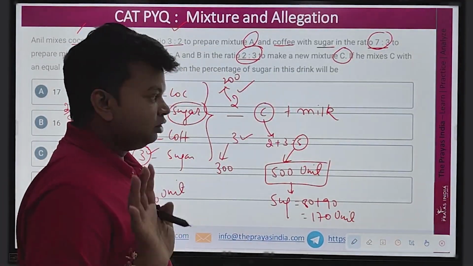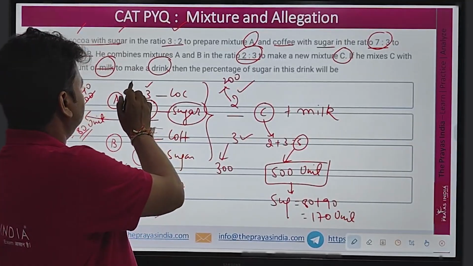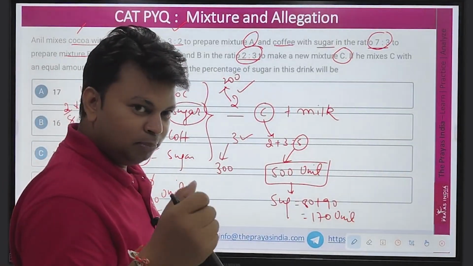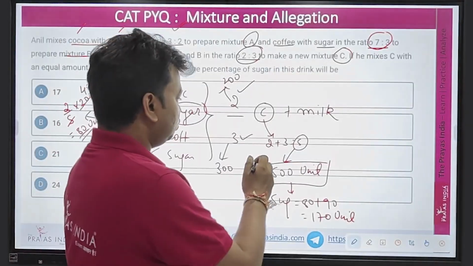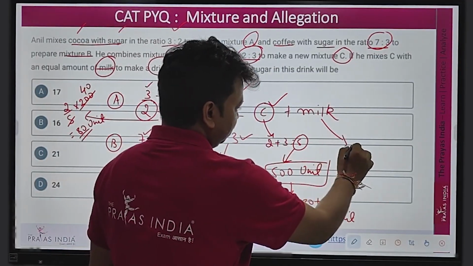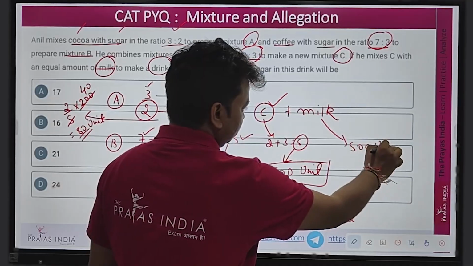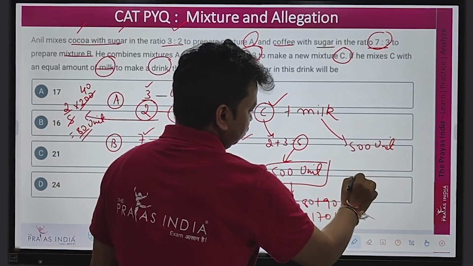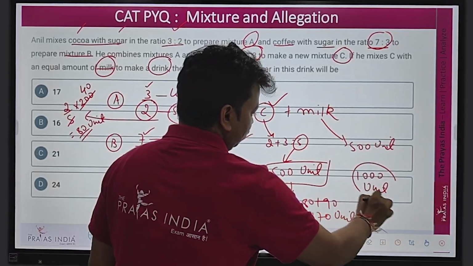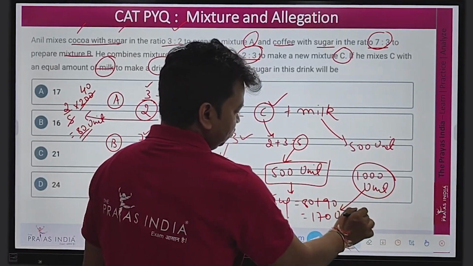Now it has been asked in the question that the person has mixed with milk, and the milk volume is the same. So if C is 500 units, milk is also 500 units. So the total is going to be 1000 units, and out of this 1000 units the sugar is 170.